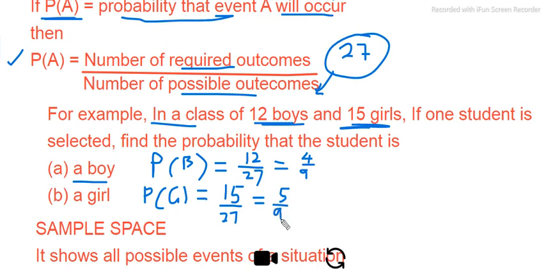So the probability that the student selected is a boy is 12 over 27. That means we have 12 boys out of 27 students. Then girls, 15 girls out of 27 students. So when we reduce the fraction to the simplest form, for the probability of a boy, we have 4 over 9. Then probability of a girl, we have 5 over 9. I believe you understand.